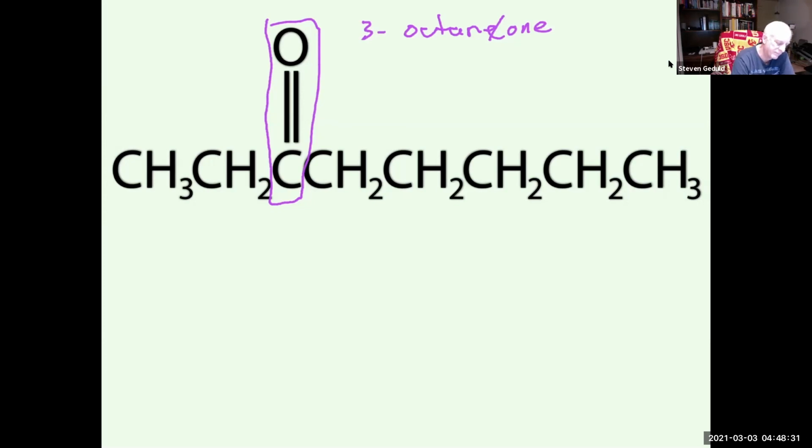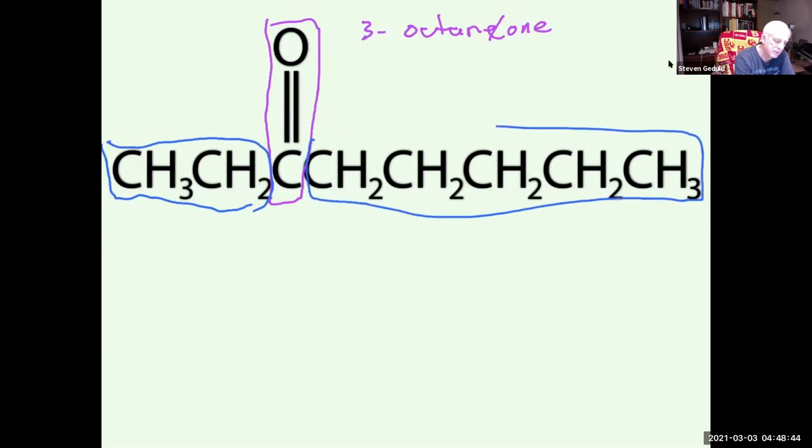Common name. Let's do blue. You have an attachment to the left and an attachment to the right. There are 2 carbons on the left. There are 1, 2, 3, 4, 5 carbons on the right. The smallest one is 2, and that's ethyl. So let's put ethyl.